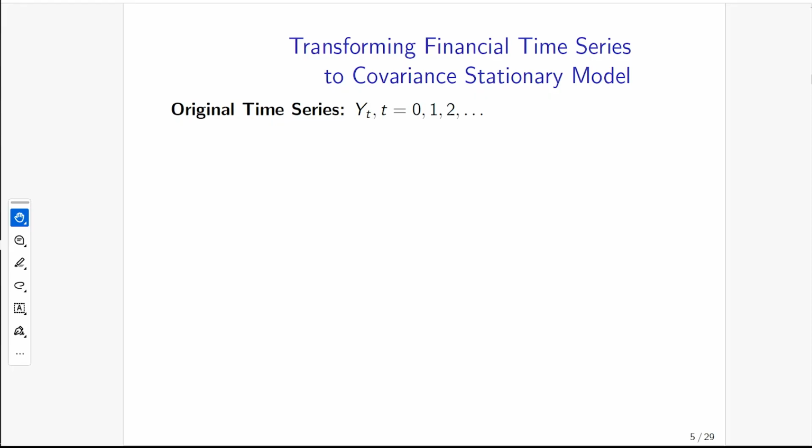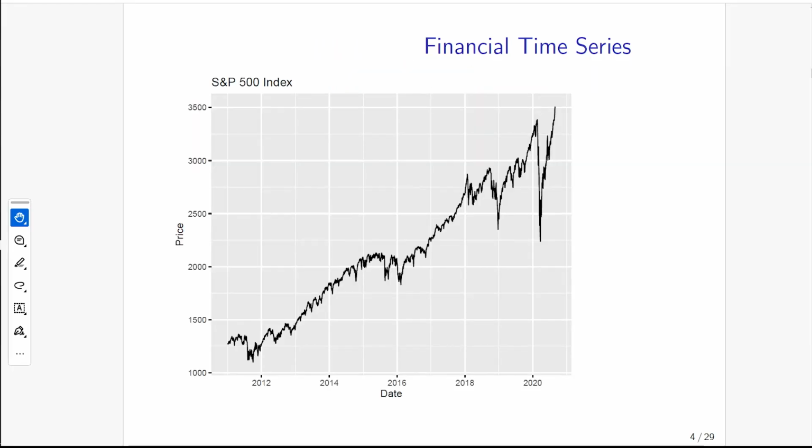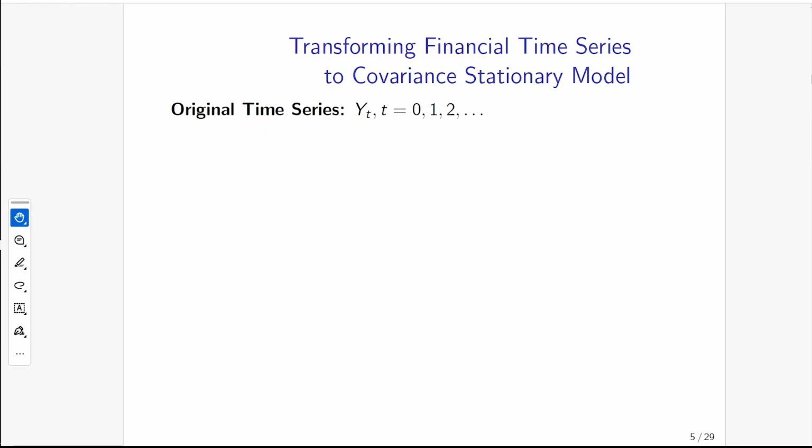And with such a time series, it's clearly not stationary because it's trending over time. If we looked at different bands of years, they have different means. And so we really cannot consider this scaling of the index to be stationary or covariance stationary.